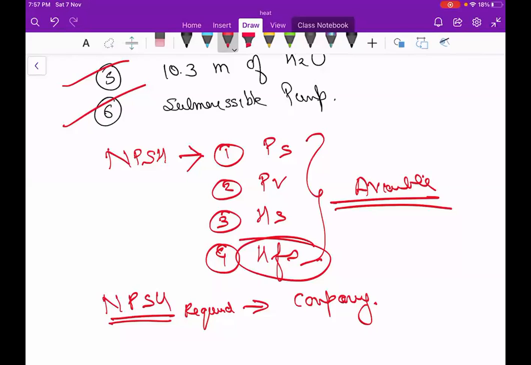Anyone other doubt? You can't directly pump gas, Rohit Sharma. No, tomorrow timing will be same, 6 to 8.